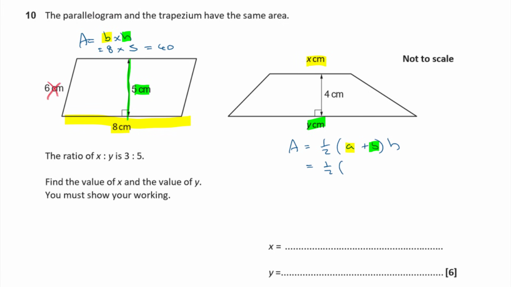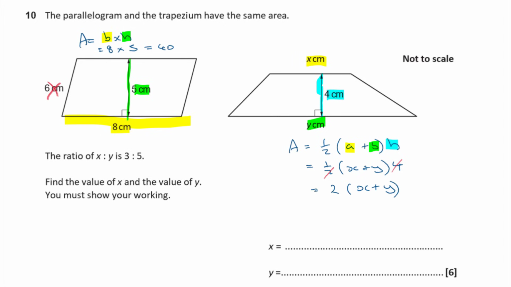And then h is the distance between them, that distance there, look. So subbing those carefully in, I'm going to get a half times x plus y times 4. Well, I can cancel that half into the 4, giving me 2. So that's going to be 2 lots of x plus y.